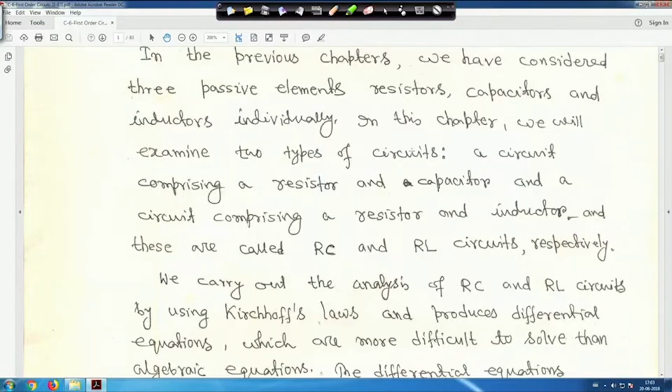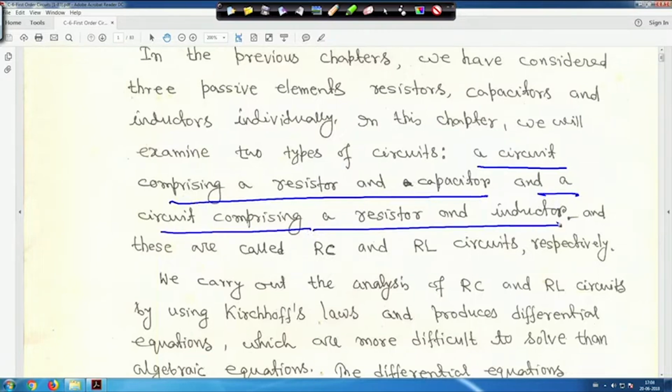First, some introduction I have made for you. In the previous chapters we have considered the 3 passive elements, the resistors, capacitors and inductors, individually. In this chapter we will examine 2 types of circuit: a circuit comprising a resistor and capacitor, and a circuit comprising a resistor and inductor.